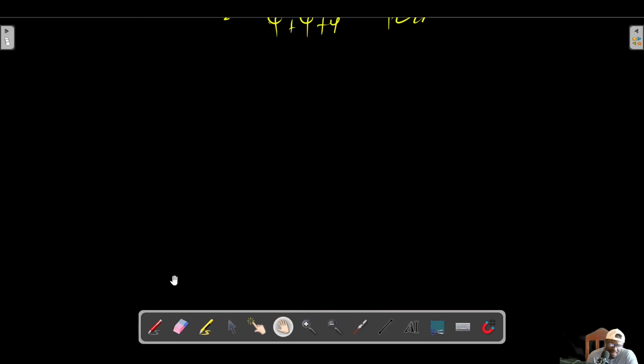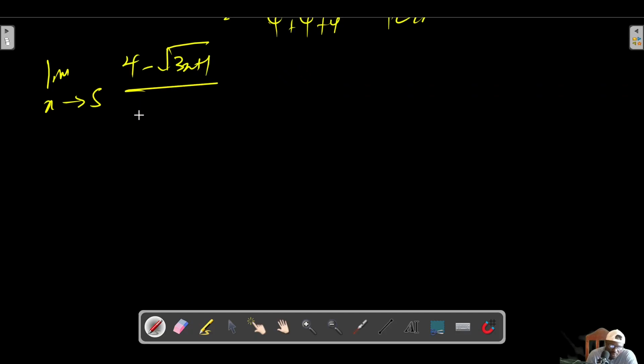Now let us solve this question as well. The limit as x is approaching 5 of 4 minus root of 3x plus 1, all over x squared minus 7x plus 10.